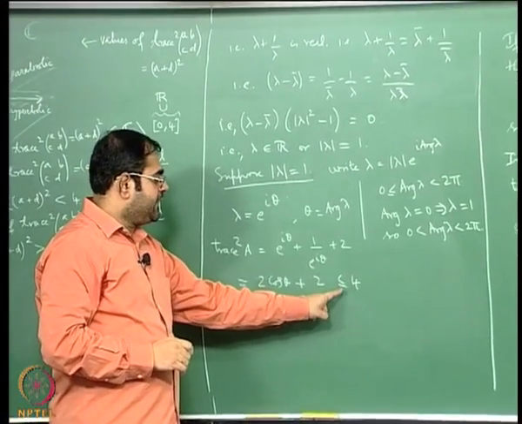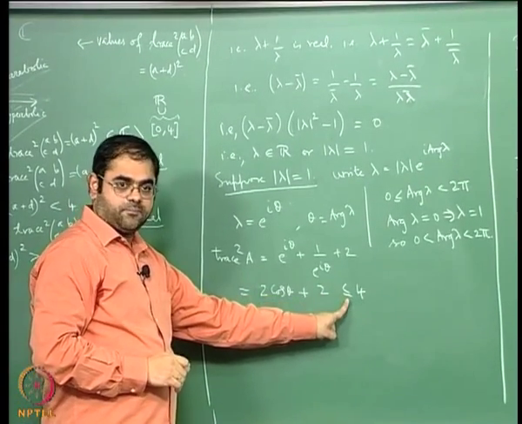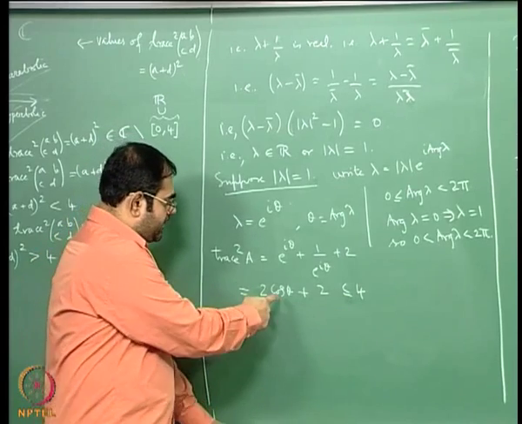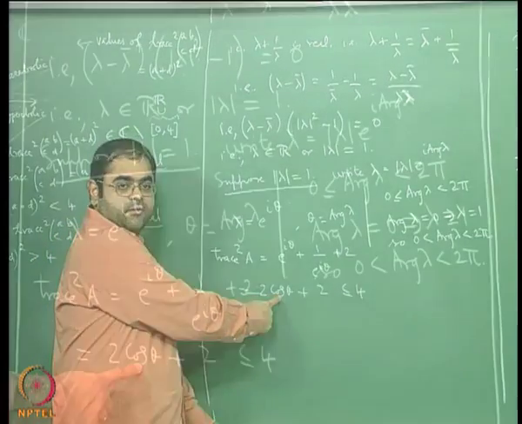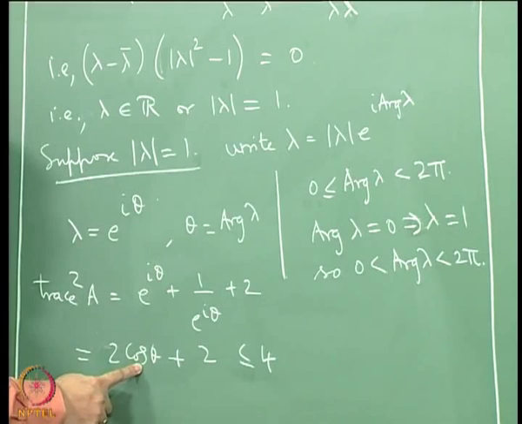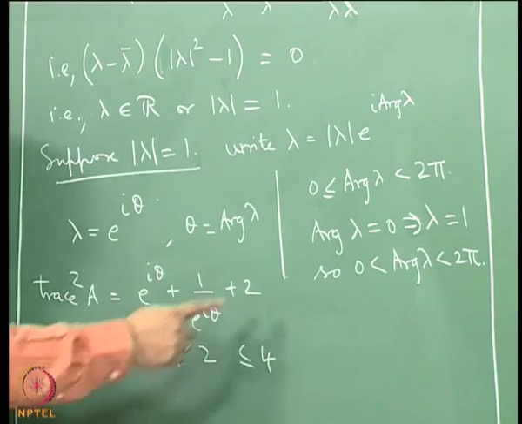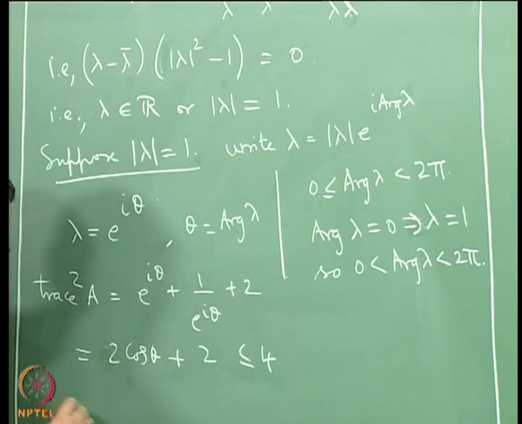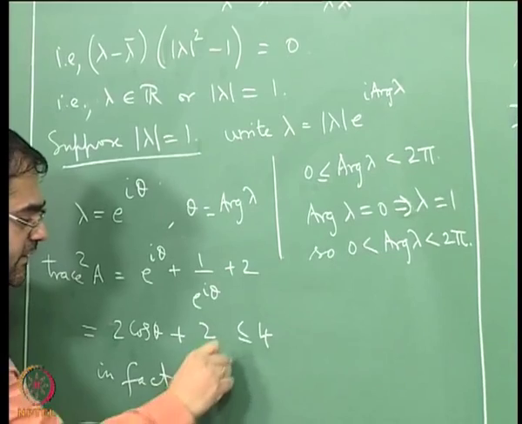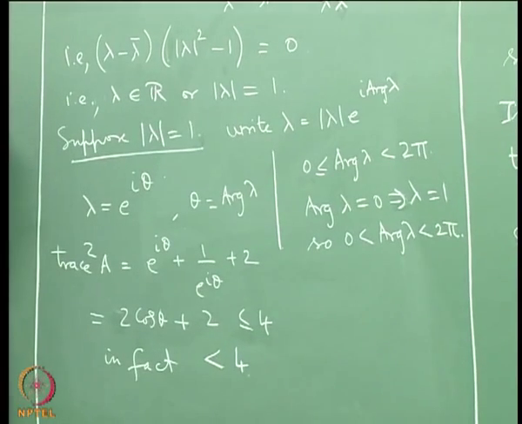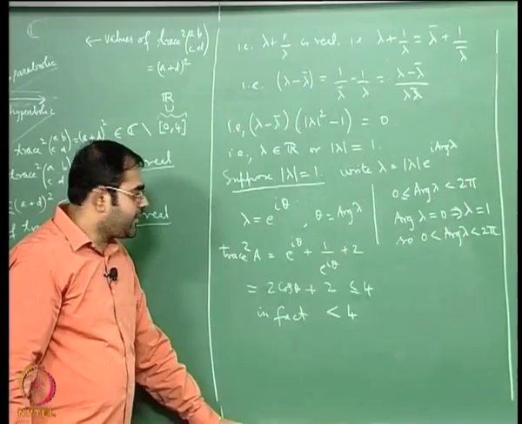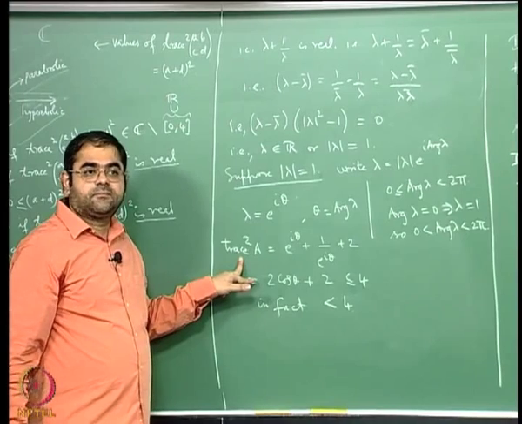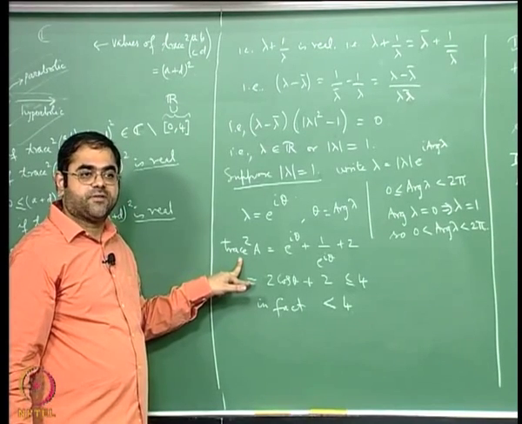If this is equal to 4, then cos theta has to be 1, but cos theta will not assume the value 1. So in fact it is strictly less than 4.